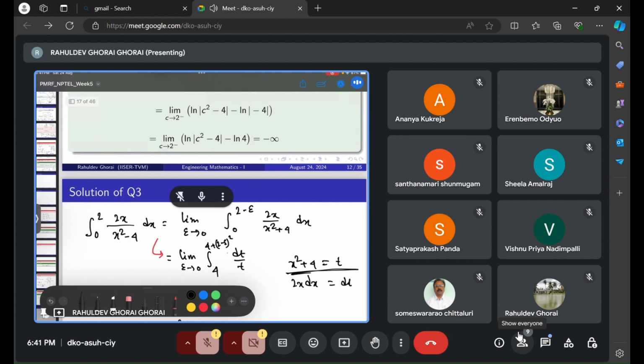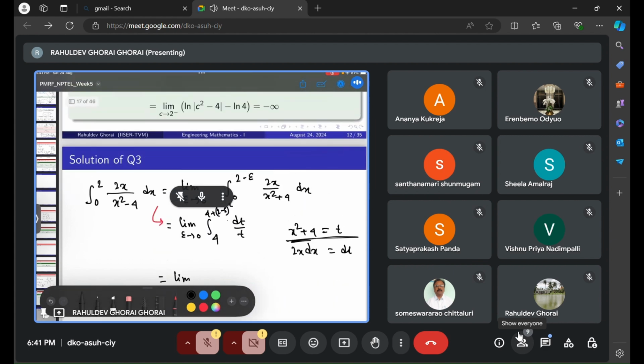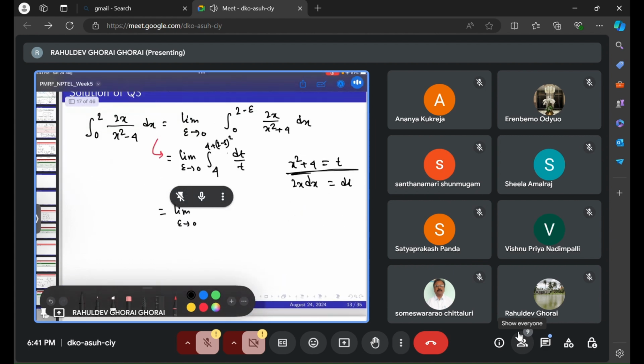Okay, mistake again. x will be 2 minus epsilon. x square plus 4 is equal to t, so 2x dx will be dt.